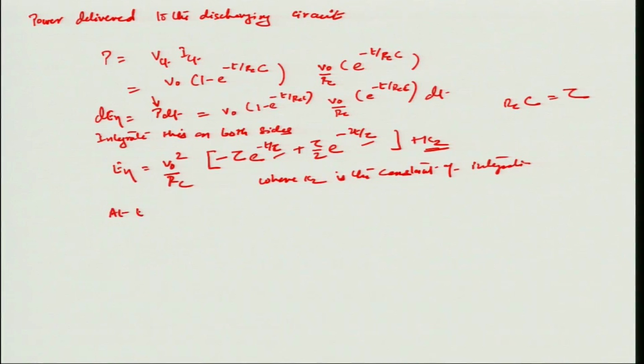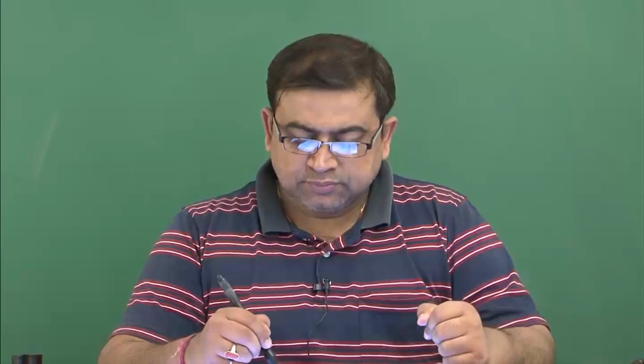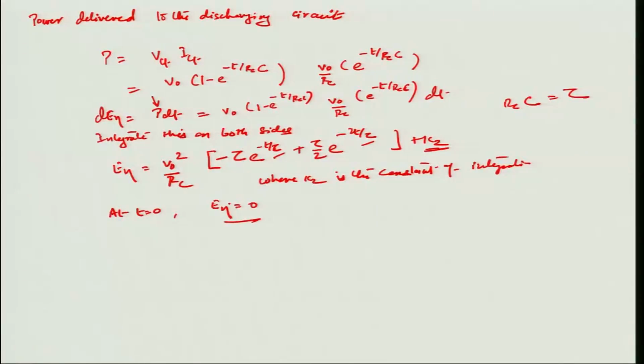At time t equal to 0, we know that the total energy delivered from the charging to the discharging side is 0, because it has still not hit the point when there is going to be a discharge between the anode and the cathode. So if we evaluate this equation 1 under this boundary, at time t equal to 0, En is 0, we get the value of K2 to be equal to V0 square tau by twice RC.